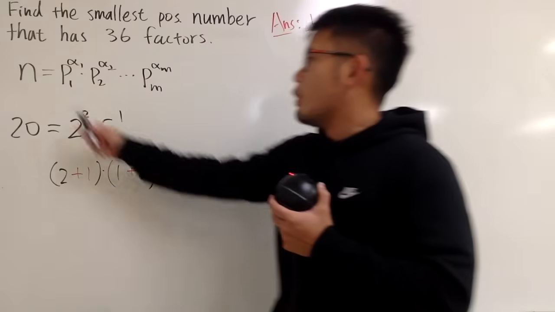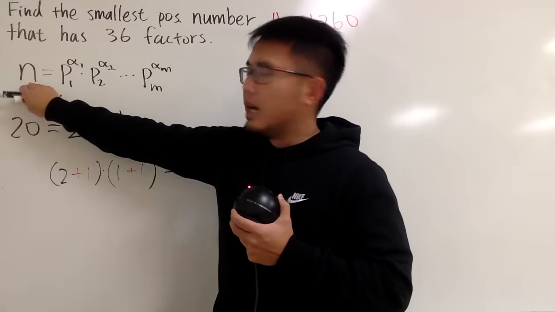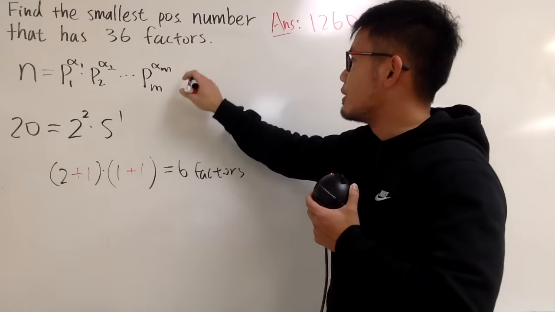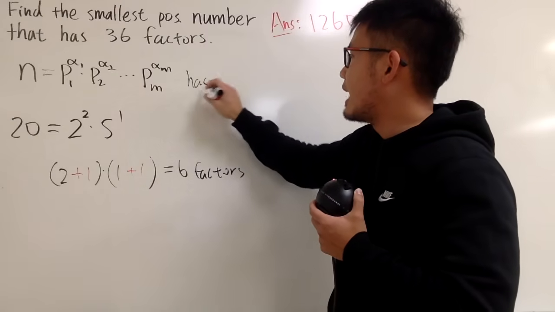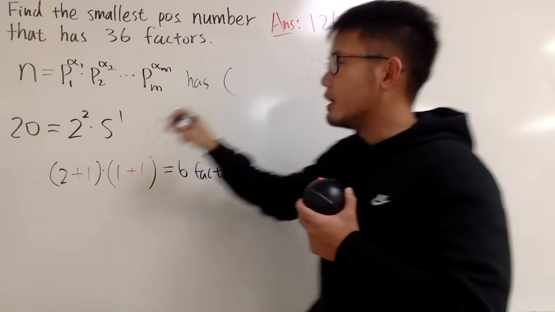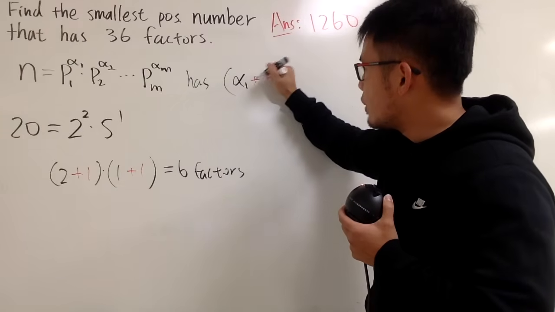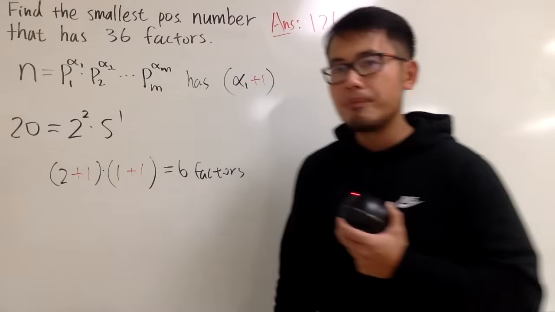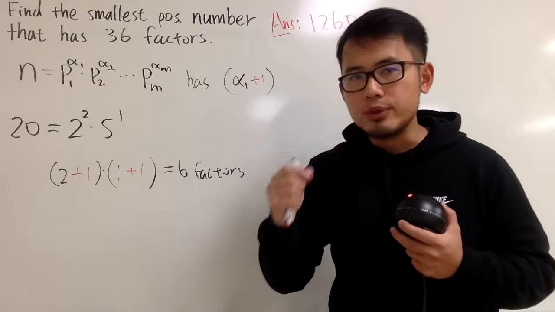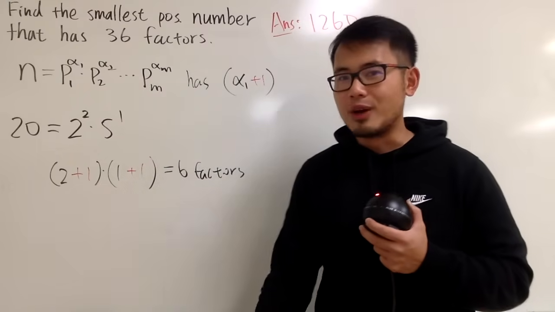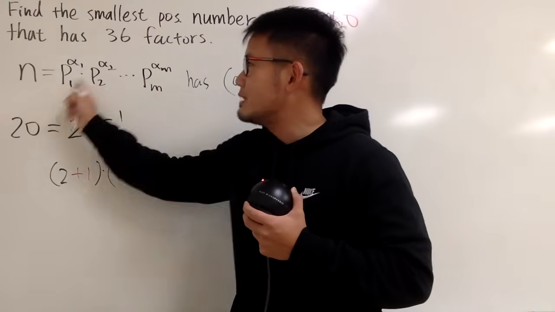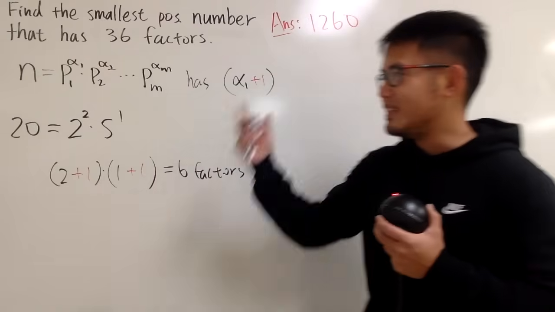So in other words, once you factorize n like this, I will pay attention to the exponent alpha 1 and add 1 to it, because this goes from 0, 1, 2, 3, up to alpha 1. So we have this many choices to use this part to construct a factor of n, right?